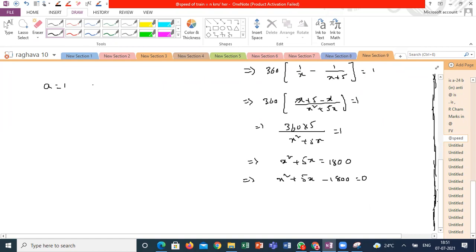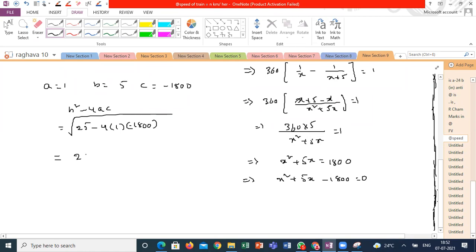A is equal to 1, B is equal to 5, C is equal to minus 1800. So B square minus 4AC, whether the situation is possible or not, I am checking. 25 minus 4 into 1 into minus 1800. So 25 plus 7200.